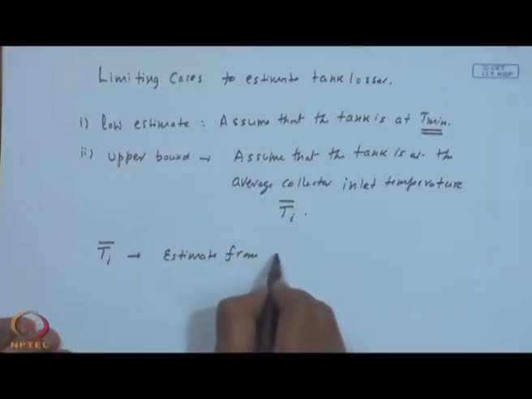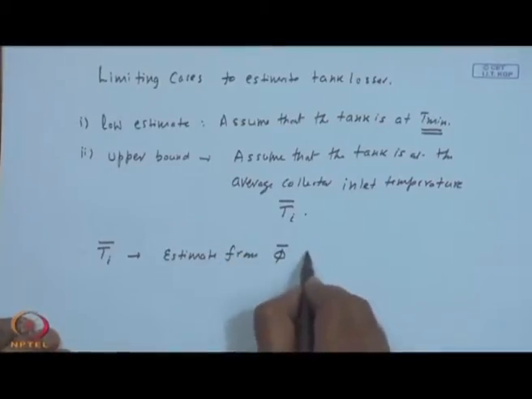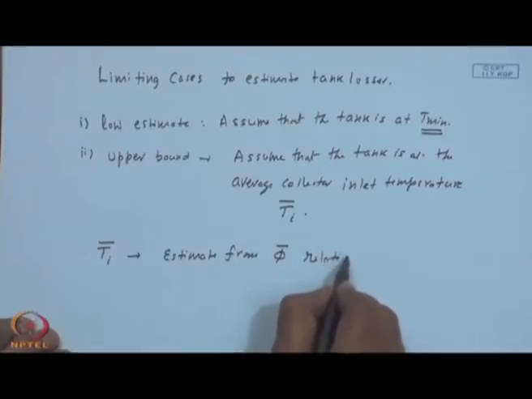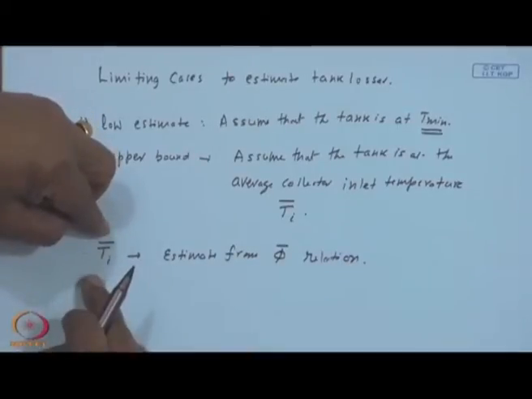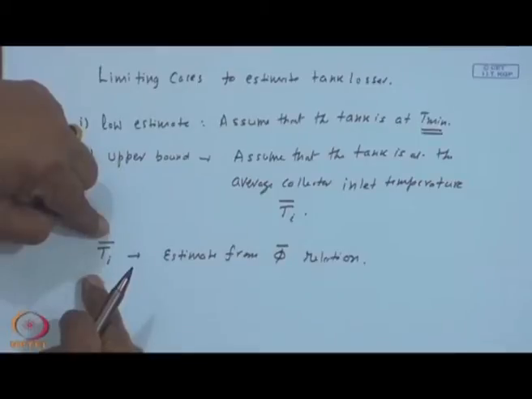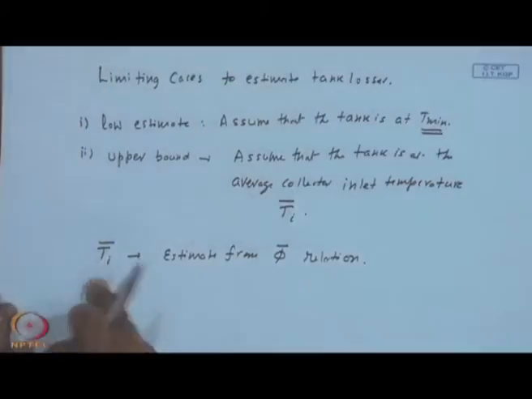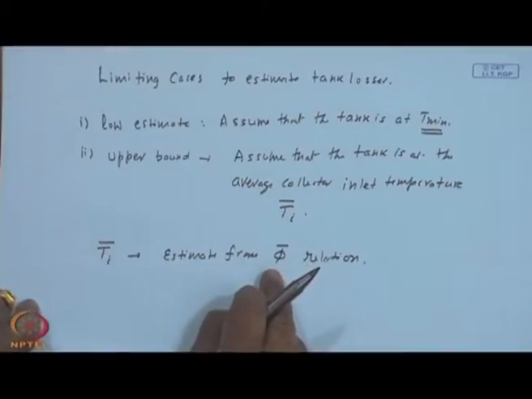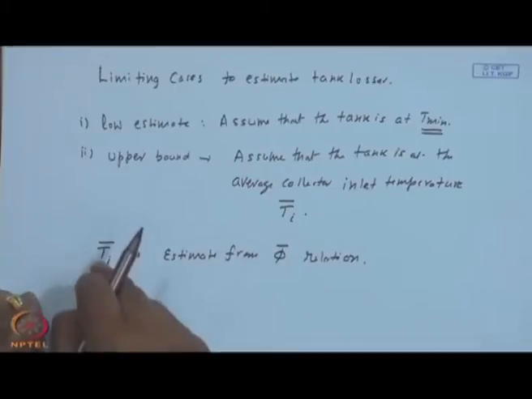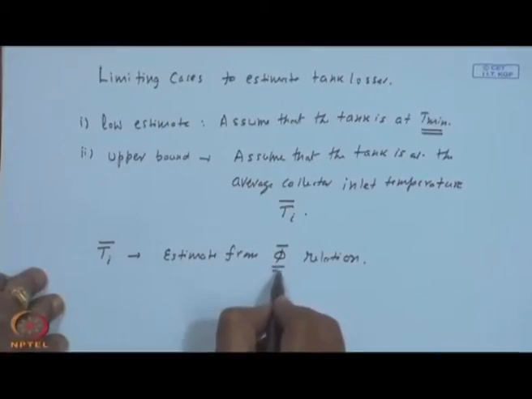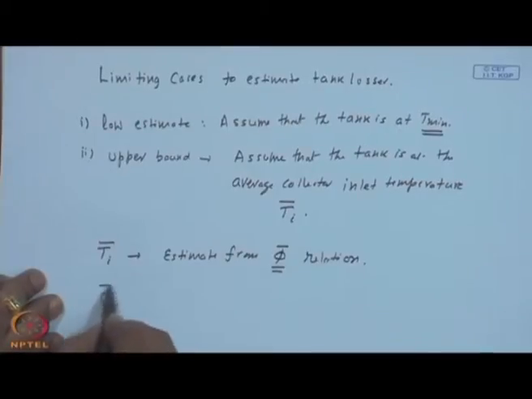from the phi bar relation. Since this is corresponding to an inlet temperature of the collector, based upon this inlet temperature there is a certain utilizability phi bar, and if there is a certain utilizability, what is the T I bar temperature. Now, this phi bar, I am deliberately not writing phi bar max, just phi bar.